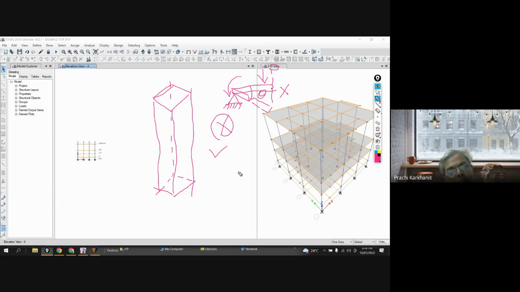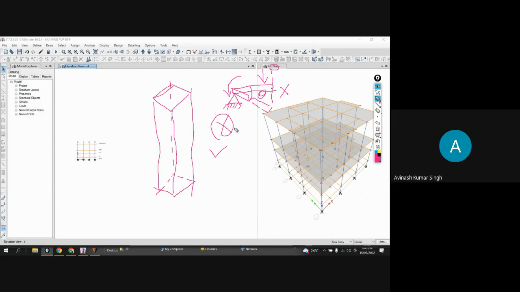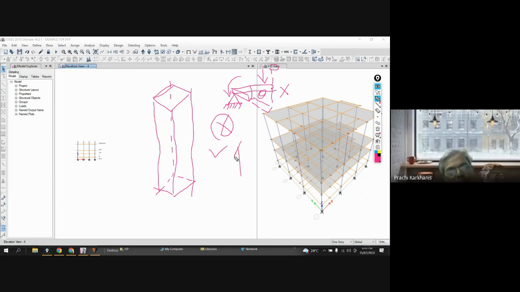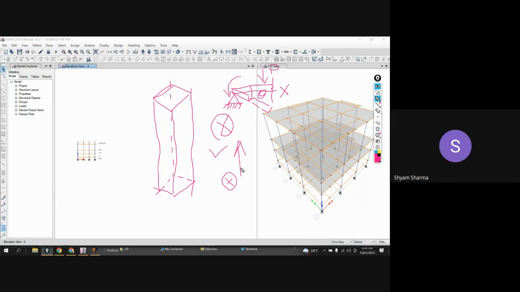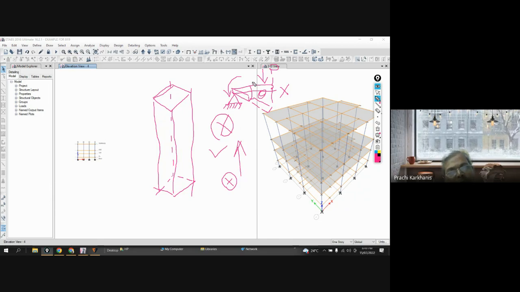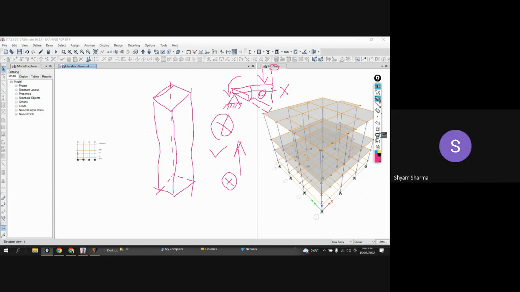So the reaction will come into place only when someone restrains the movement. Clear? And if the movement is without any restraint, then it will start rotating. Yes or no?